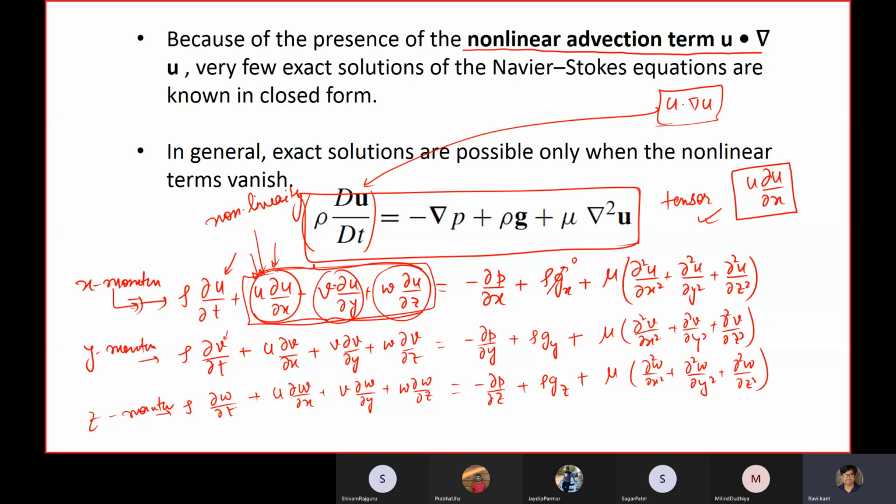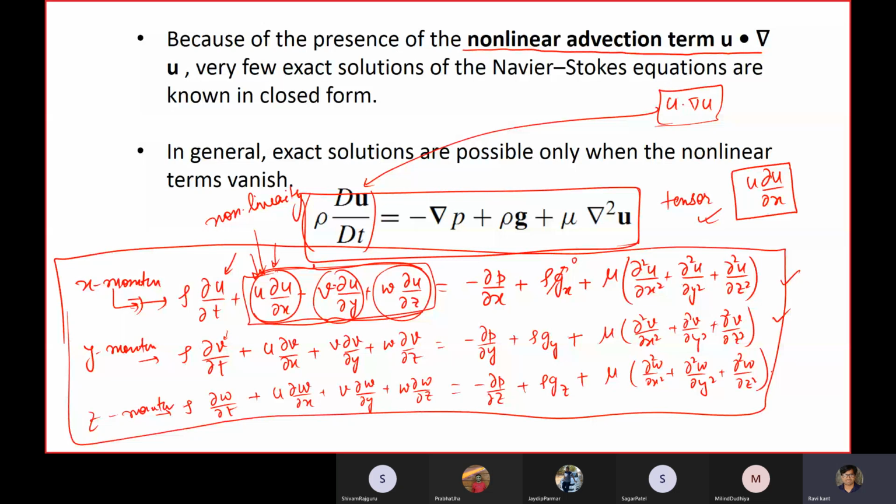So this is the complete Navier Stokes equation written along the x-axis, y direction, and z direction. Okay.